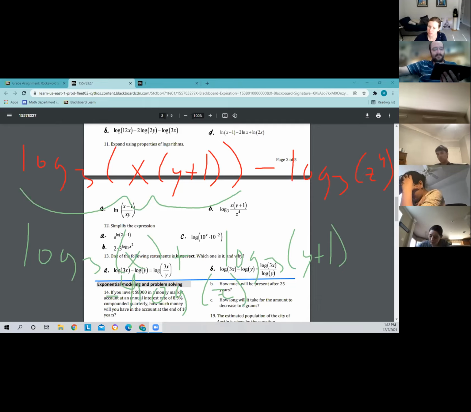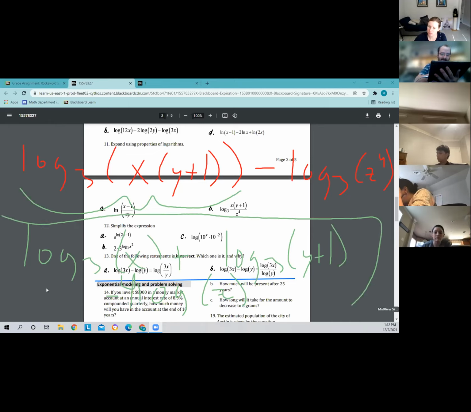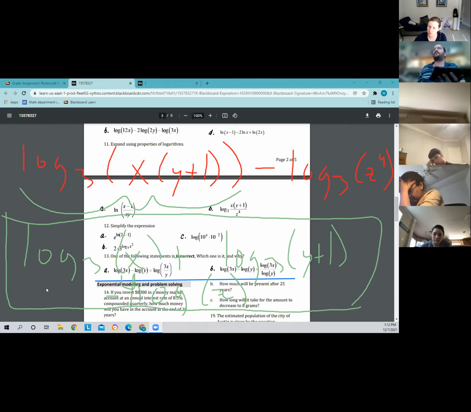The bottom green part, it all goes together, right? Yeah, this should be one thing. I got it on multiple lines because I didn't have enough room. So log base 3 of x plus log base 3 of y plus 1 minus 4 log of z.